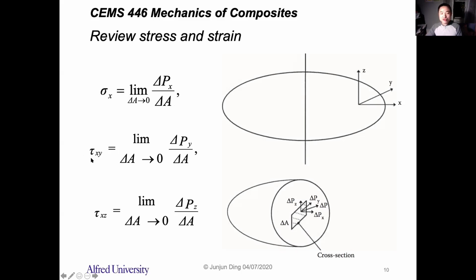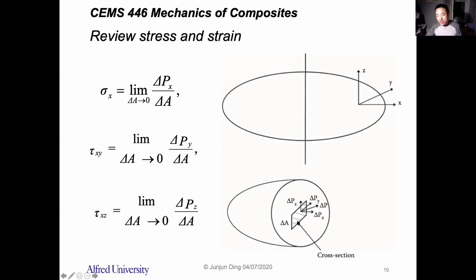And for the shear stress, tau xy, it's calculated based on the force in the y direction, right? The delta A, the area, is perpendicular to the x direction.